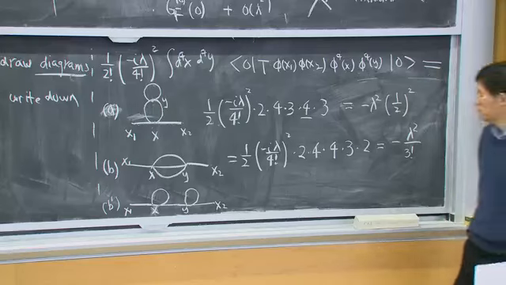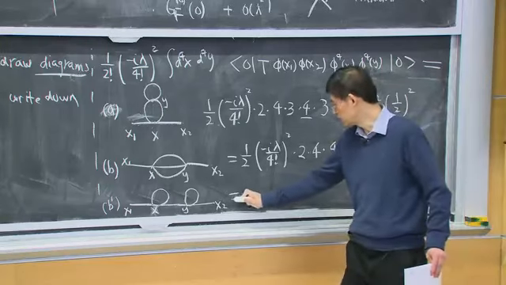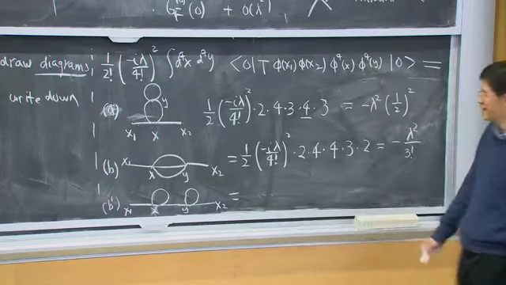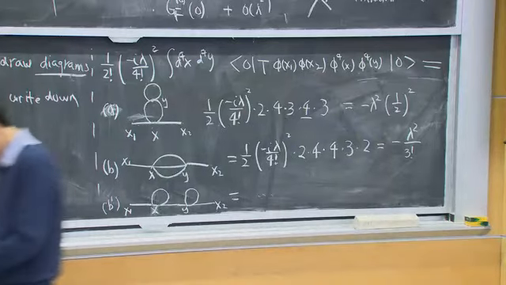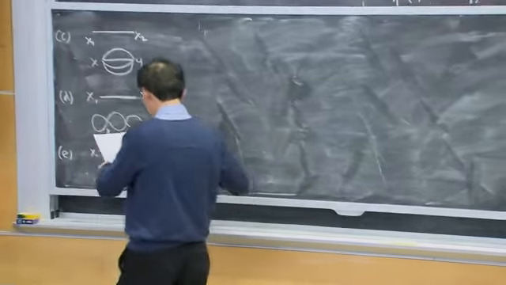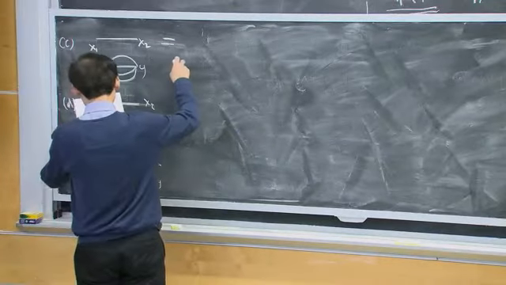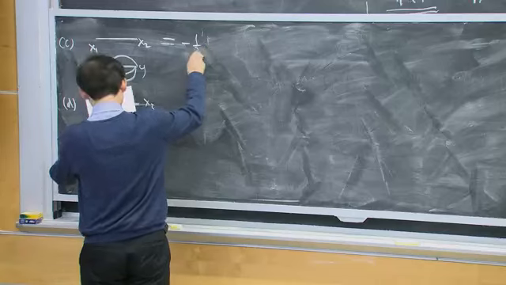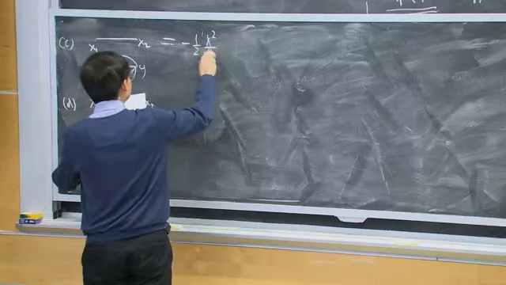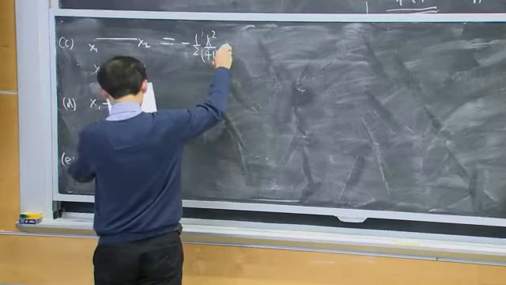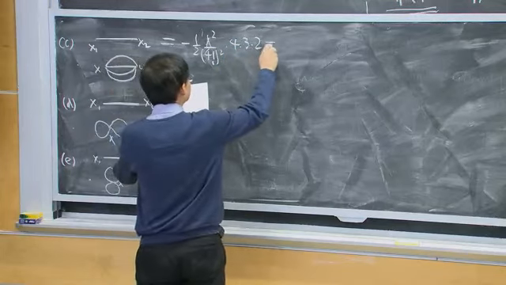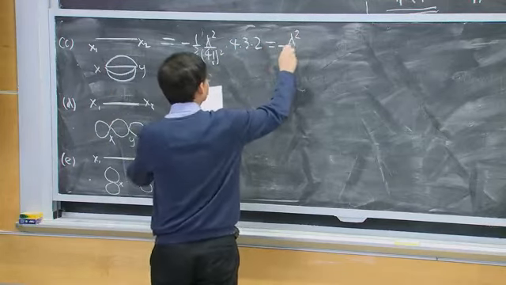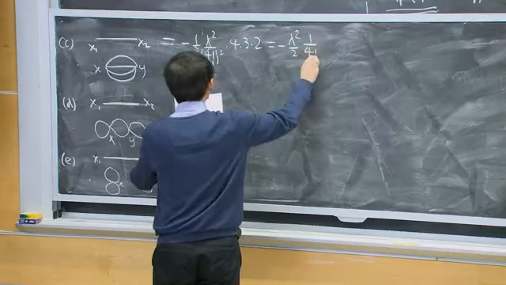Okay, and then as an exercise, you should work out this one yourself, which I didn't work out, but I did work out these ones. So this is minus 1/2 lambda square over 4 factorial square times 4 times 3 times 2, equal to minus 1/2 lambda square divided by 4 factorial.